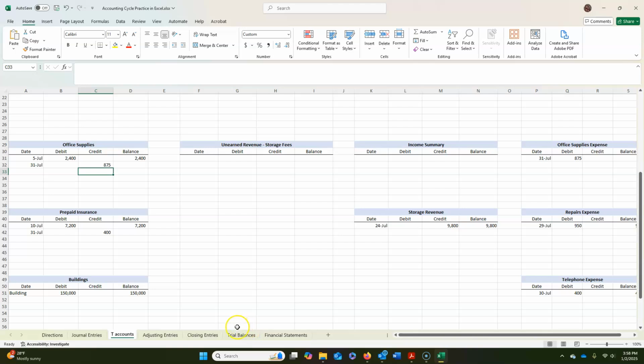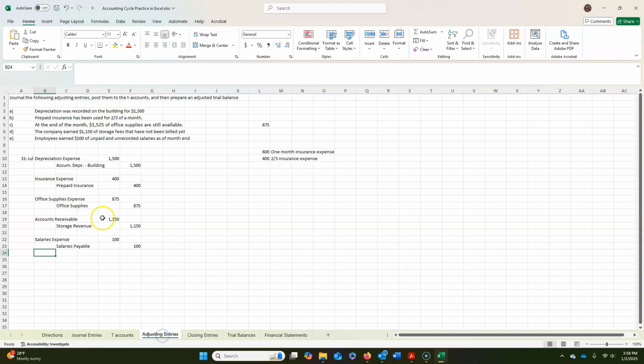Like I said in the lecture video, the nice thing about computer software and accounting software is that unlike an Excel file where we have to manually do this, it would automatically be done. As soon as you posted a journal entry and you said post, they automatically record to the T accounts.